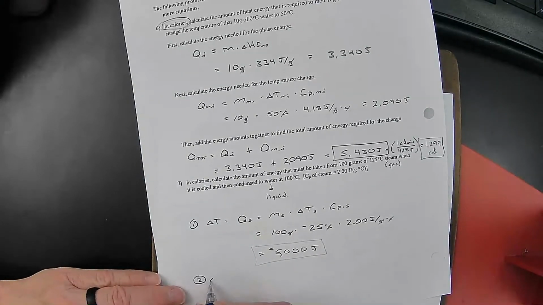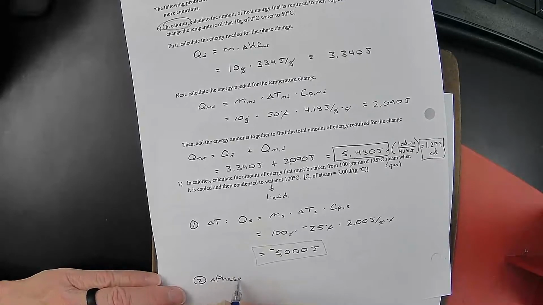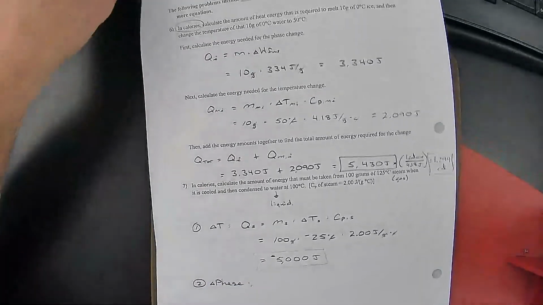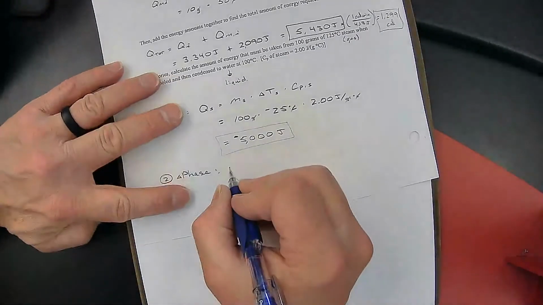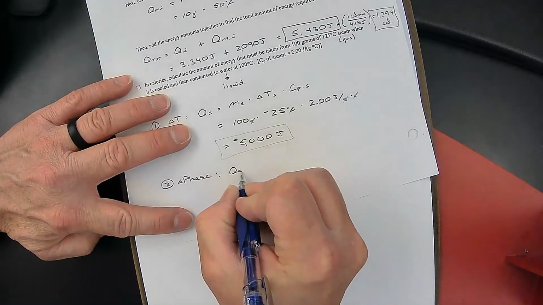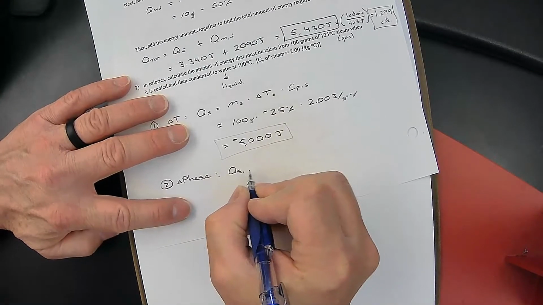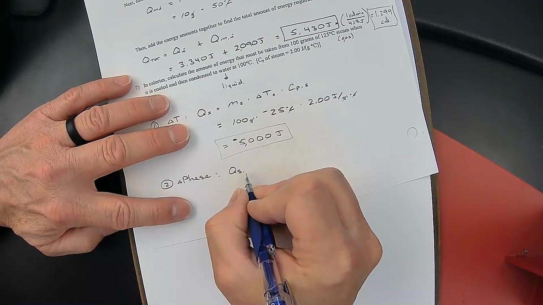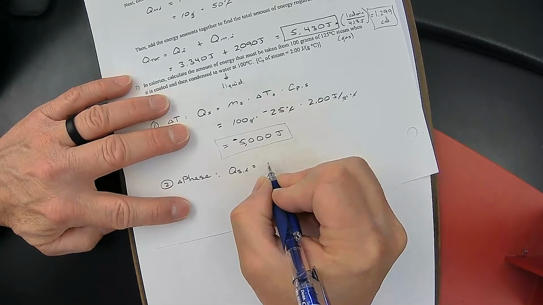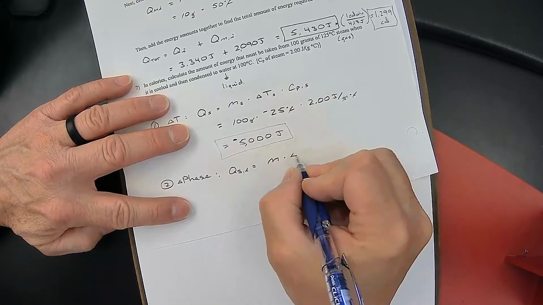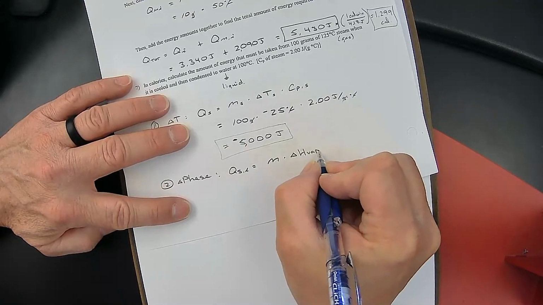Step 2 is a change in phase. So when we do our change in phase, Q of the steam that's now turning into a liquid equals the mass multiplied by the delta H VAP.